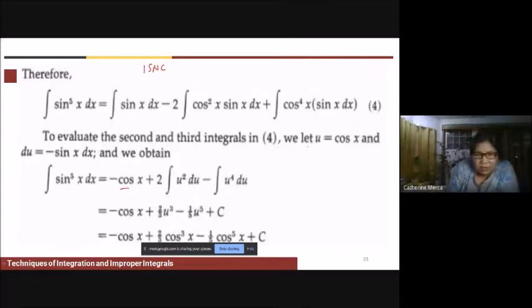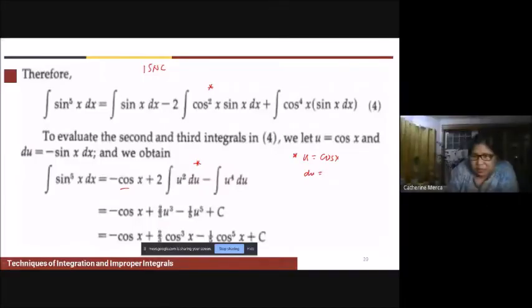Let me write it so you can follow. If we let u be equal to cosine x, then du is the derivative of cosine, negative sine x dx. For u squared du, that means u is cosine squared x and du is negative sine x dx.